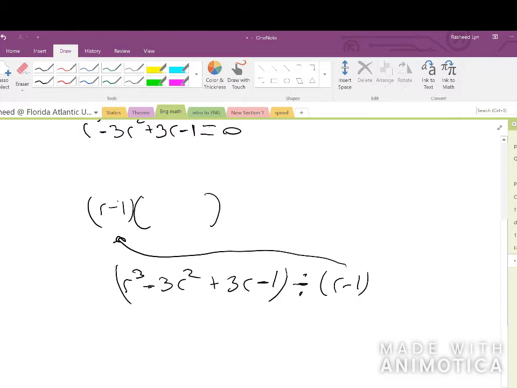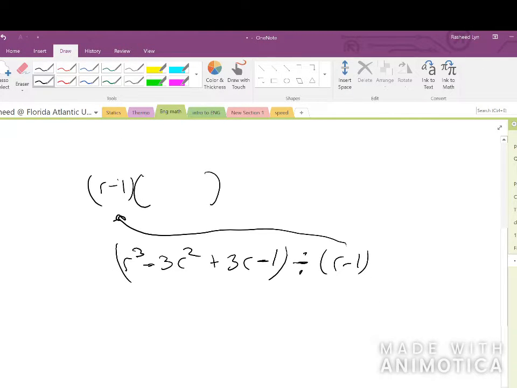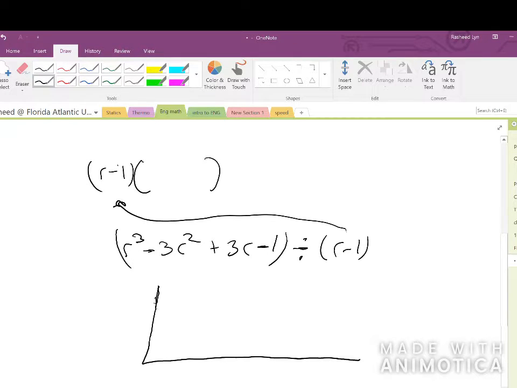Okay. So now you want to make a closed L. And then you want to put all the coefficients of each value. So you have 1, negative 3, 3, negative 1.